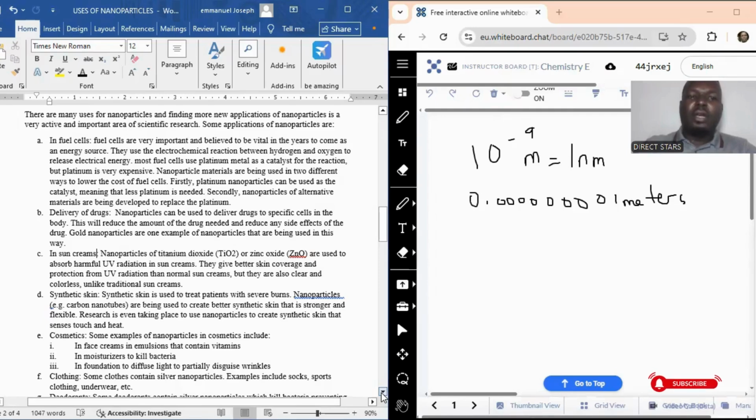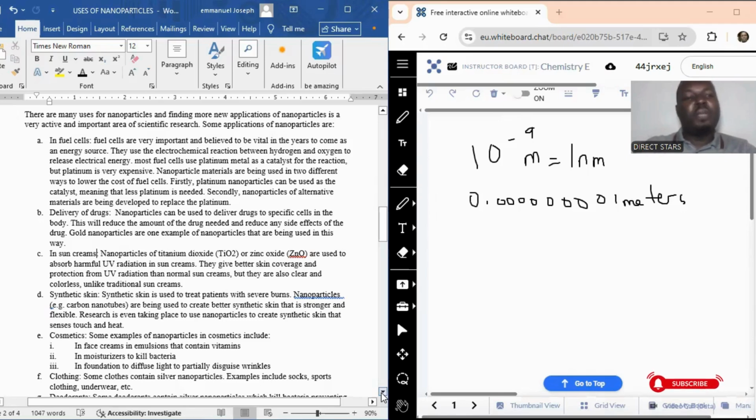Imagine when you're using platinum nanoparticles, those small size particles will help in reducing the mass of platinum you need to produce the fuel cell. So you need less platinum to produce more cells, which is very economical.